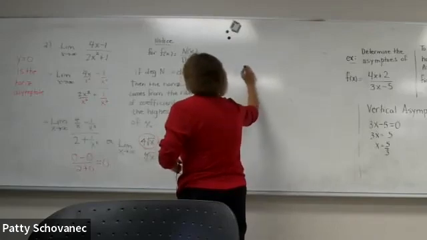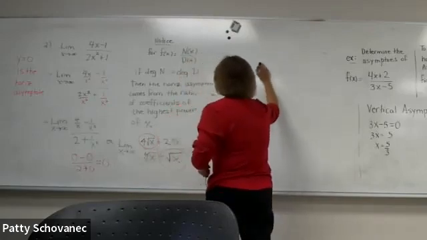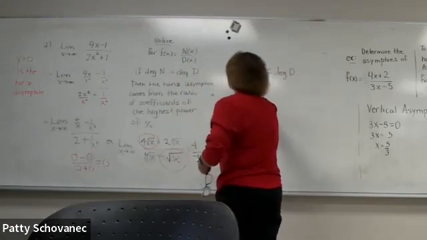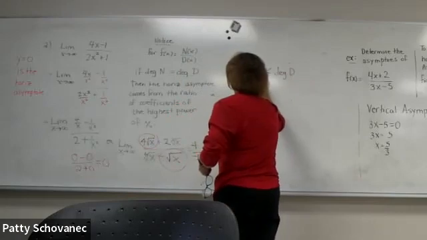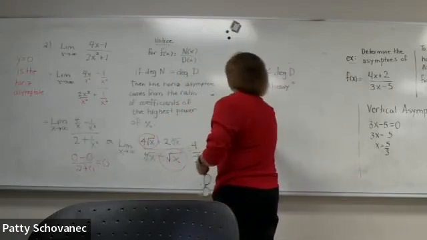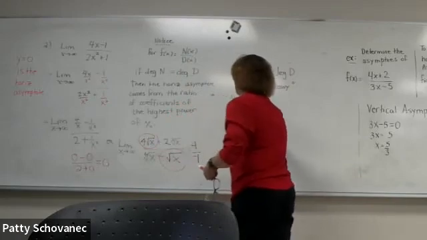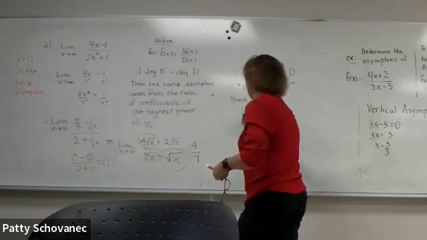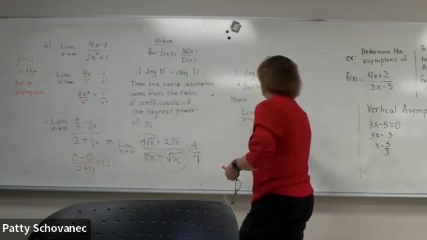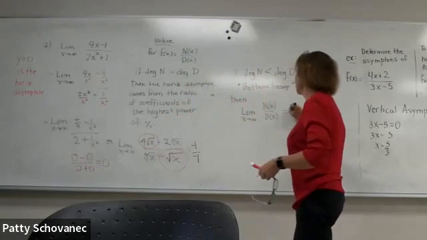So if the degree on top is smaller than the degree on the bottom, bottom heavy, then the limit as x goes to infinity of my numerator over my denominator will always give me 0.